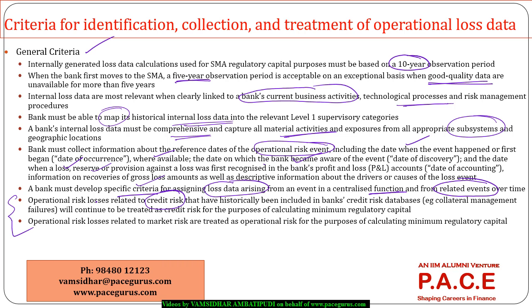They will still be treated as credit risk for the calculation of regulatory capital. So they would not be considered a part of the SMA because they will not be treated as operational loss data, and would not be included in the computation of SMA.